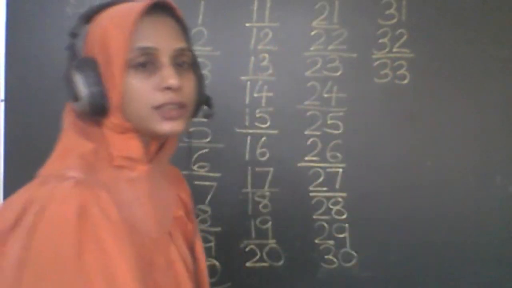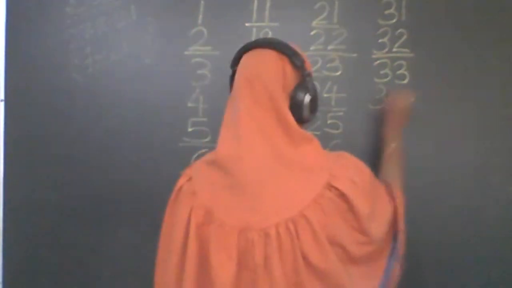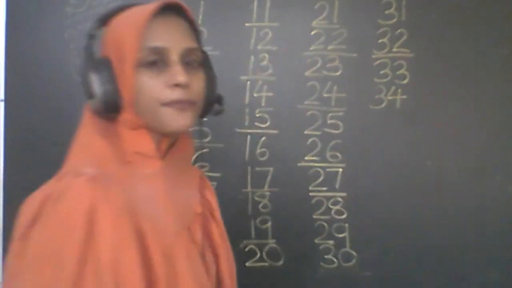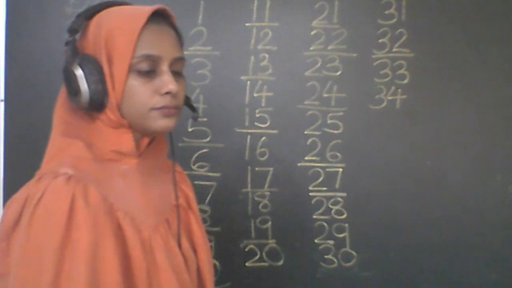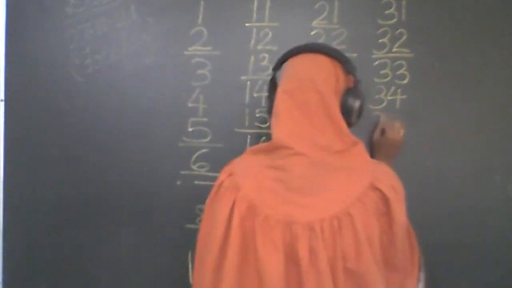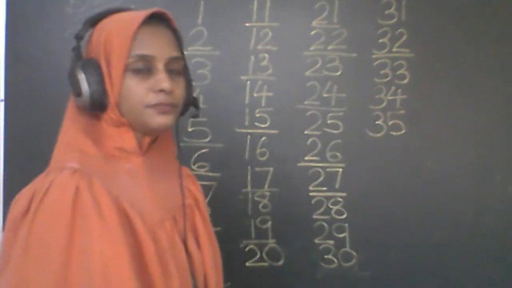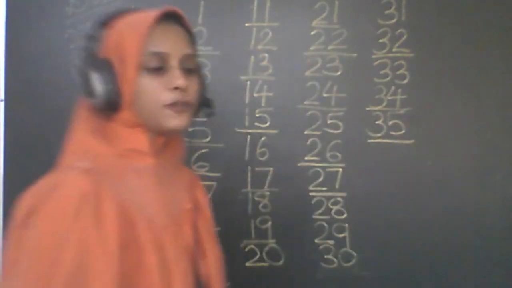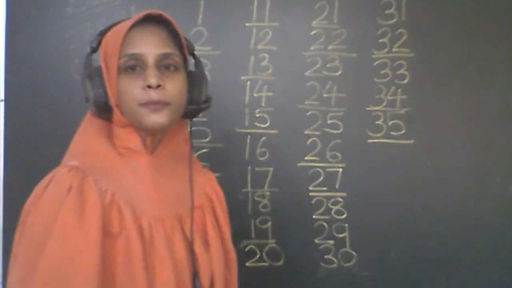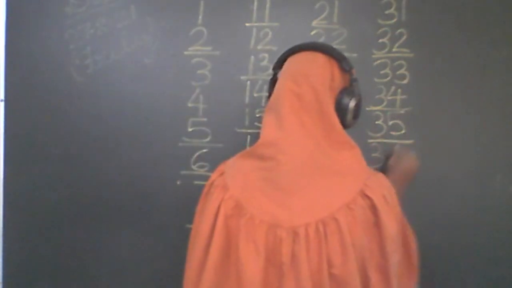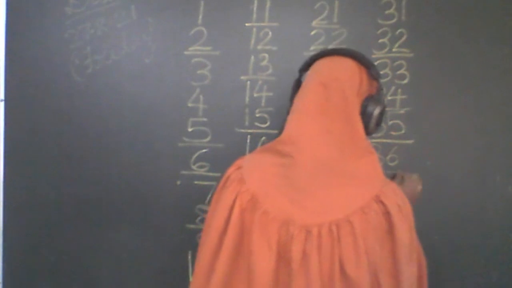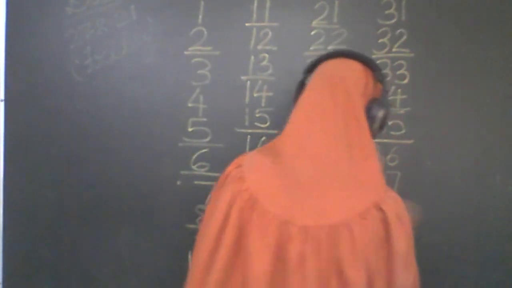And what comes after 33? 34. Then after 34, 35. These two numbers are missing, 34 and 35. Then 36 is written, 37 is written, and 38 is written.